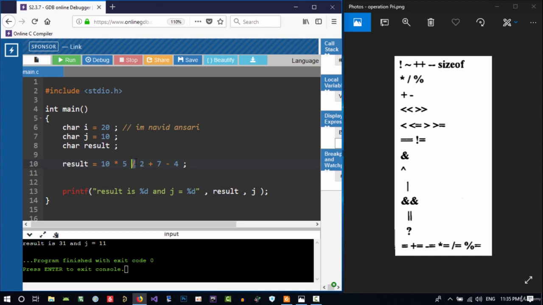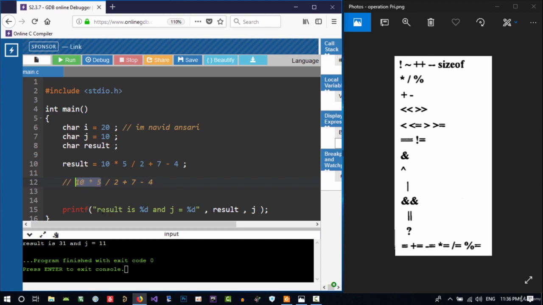So in here, the one on the left will execute first. So this will execute first. Let's see this. This is what we want to calculate. So this one happens first.